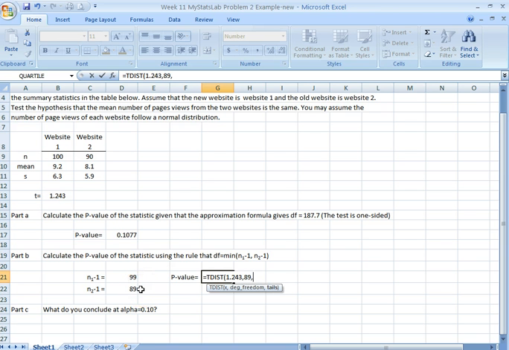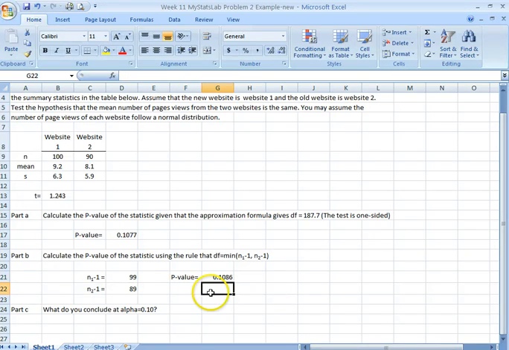We're still on our one tail test. Close the parentheses. And there we have the p-value here of 0.1086. So there we have both p-values using the degrees of freedom of 187.7 and using our minimum degrees of freedom here, which was 89.